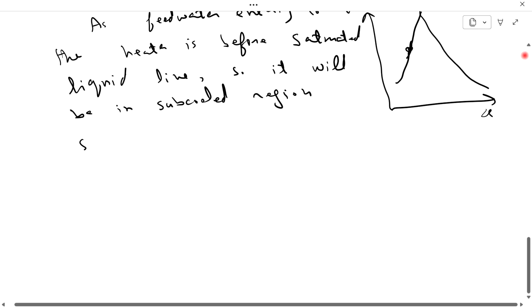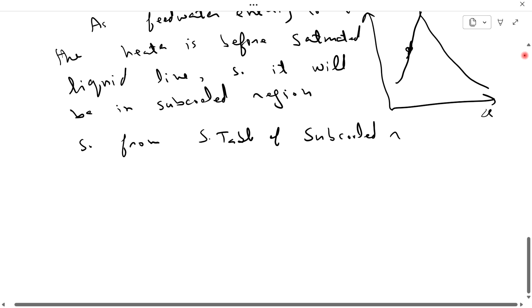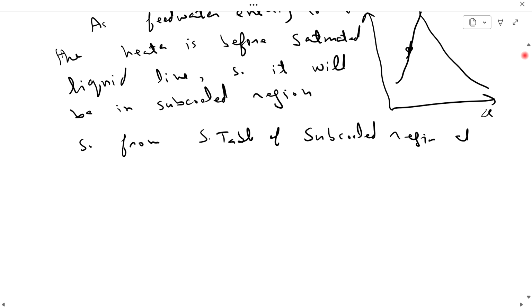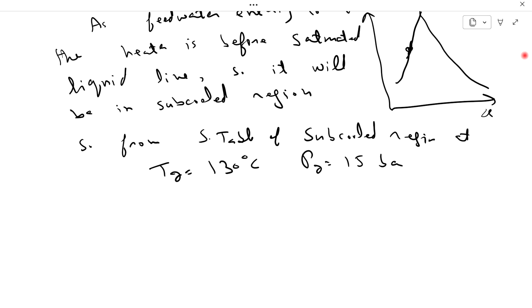So from the steam table of the subcooled region at temperature equal to 130 degrees centigrade and pressure equal to 15 bar. This is our assumption, because steam pressure at inlet is 15 bar and mixture pressure at exit is also 15 bar.